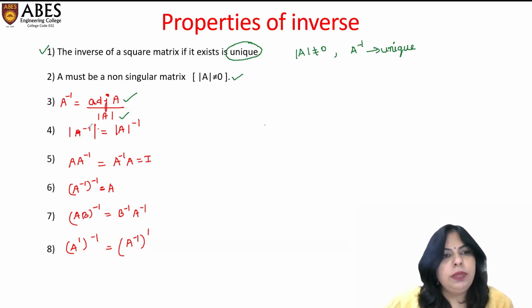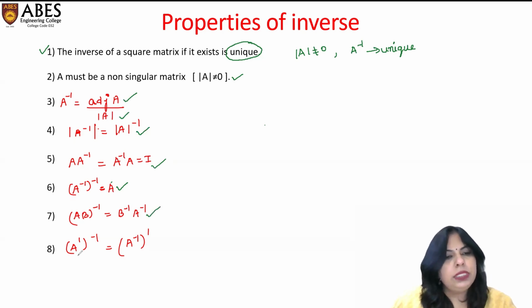Third one is A inverse is equal to adjoint of matrix A upon determinant of A. Fourth one is determinant of A inverse is equal to determinant of A whole inverse. Both are the same thing. Fifth one is A into A inverse is equal to A inverse into A is equal to I. Sixth one is inverse of A inverse is equal to A. Seventh one is AB whole inverse is equal to B inverse into A inverse.